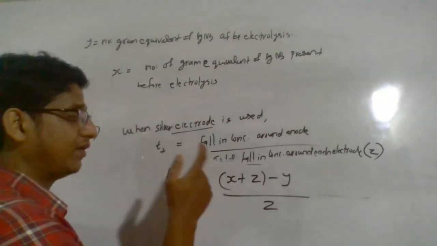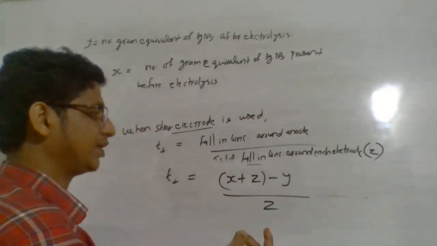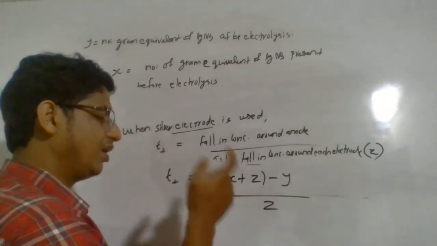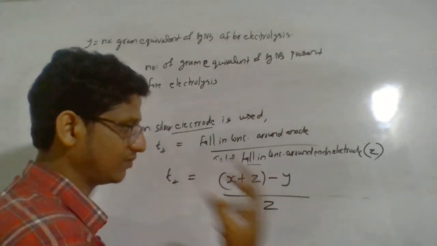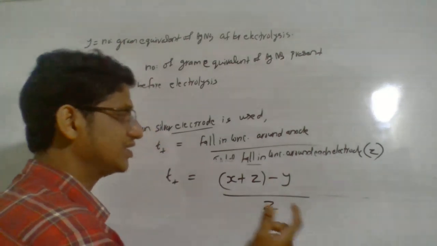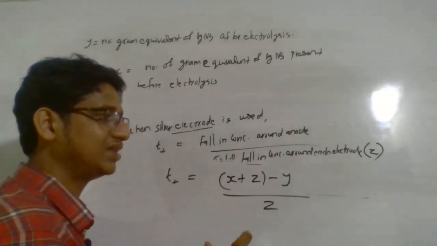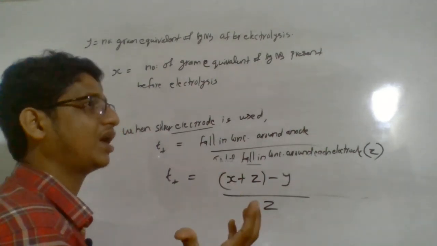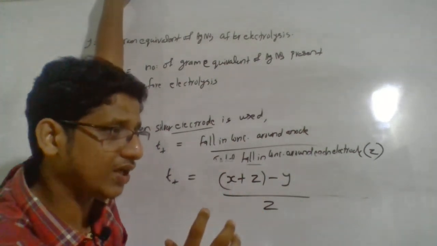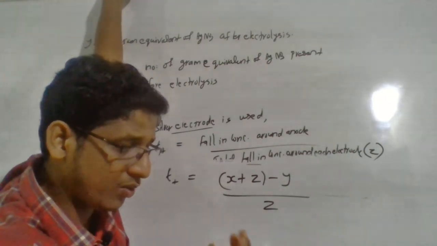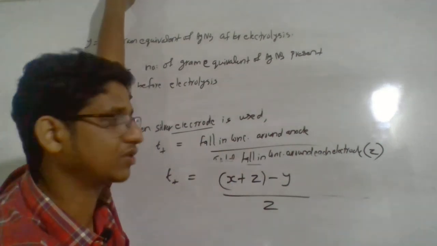X is the number of gram equivalent of silver nitrate before electrolysis, and Y is the number of gram equivalent of silver nitrate after electrolysis. Here you have to find exactly what the falling concentration around the anode is. For that, you have to think about the total concentration of ions that moved to the respective electrode.